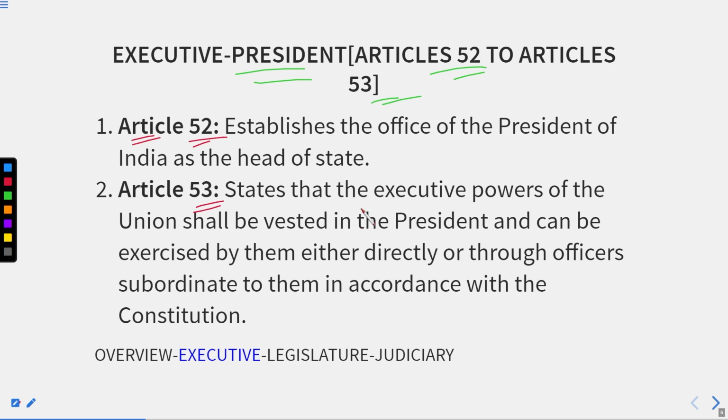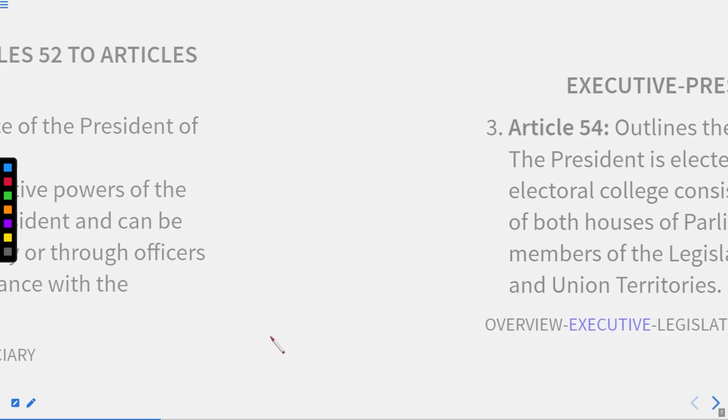Article 53 states that the executive powers of the union shall be vested in the president and can be exercised by them either directly or through officers subordinate to them in accordance with the constitution. It means executive powers can be carried out by the president directly, or he can appoint someone as per the provisions of the constitution for the execution.